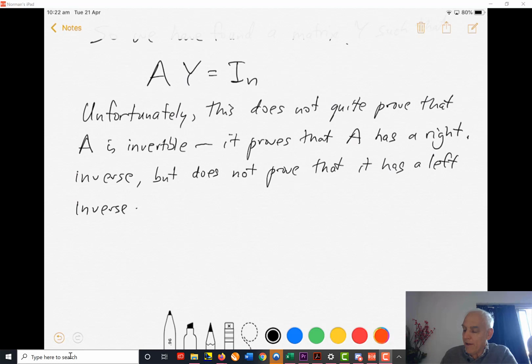We need then an auxiliary theorem. So we need to complete the proof.